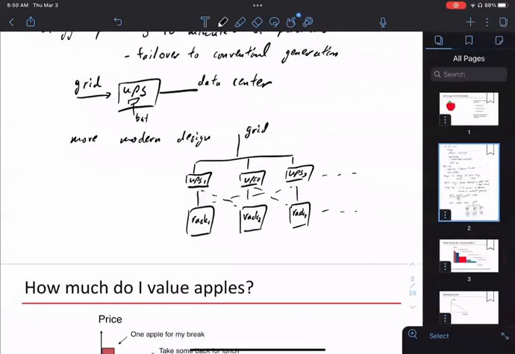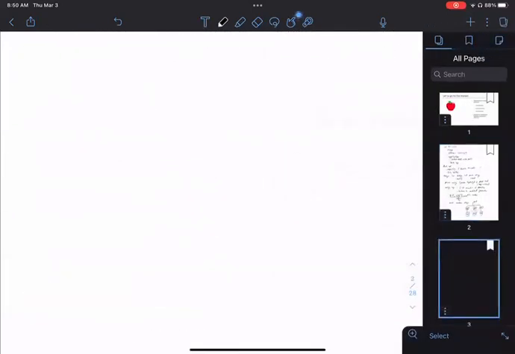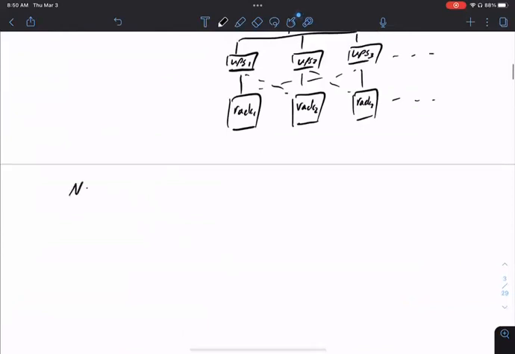What we typically do is have n+1 redundancy. In data center terms it's called n+1 redundancy. In power system literature it's called n-1 security. They mean exactly the same thing.